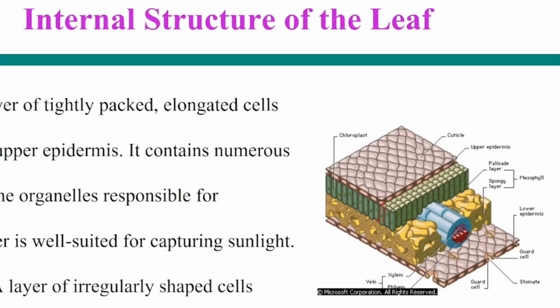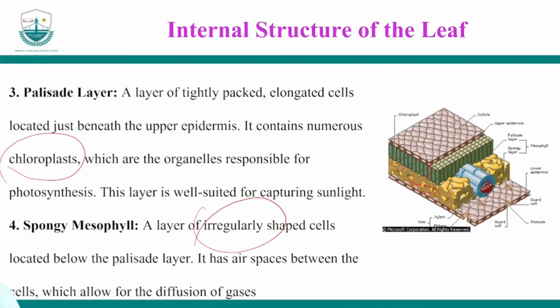And then we move to another layer that we call the spongy mesophyll layer. That irregular shape means that you're definitely going to have air spaces in there, and that is very key for the diffusion of gases.